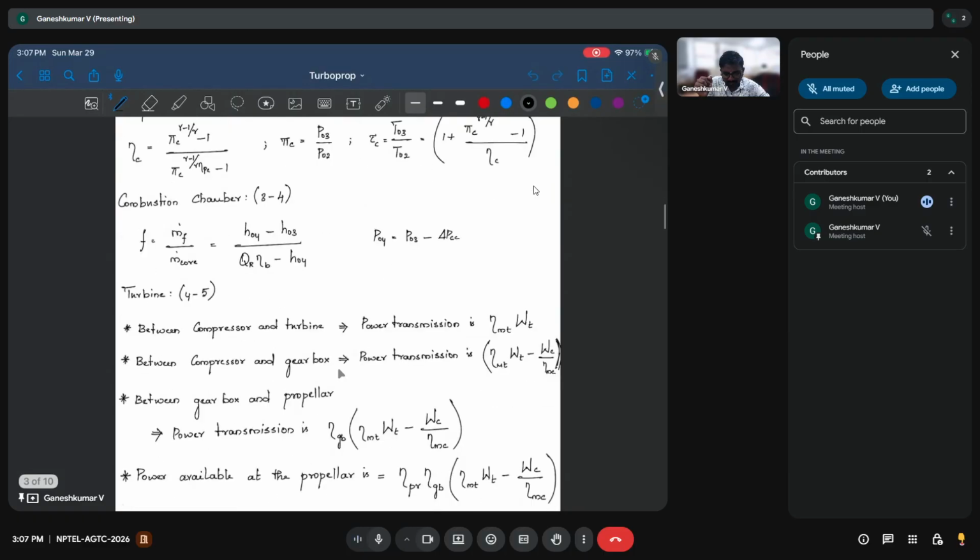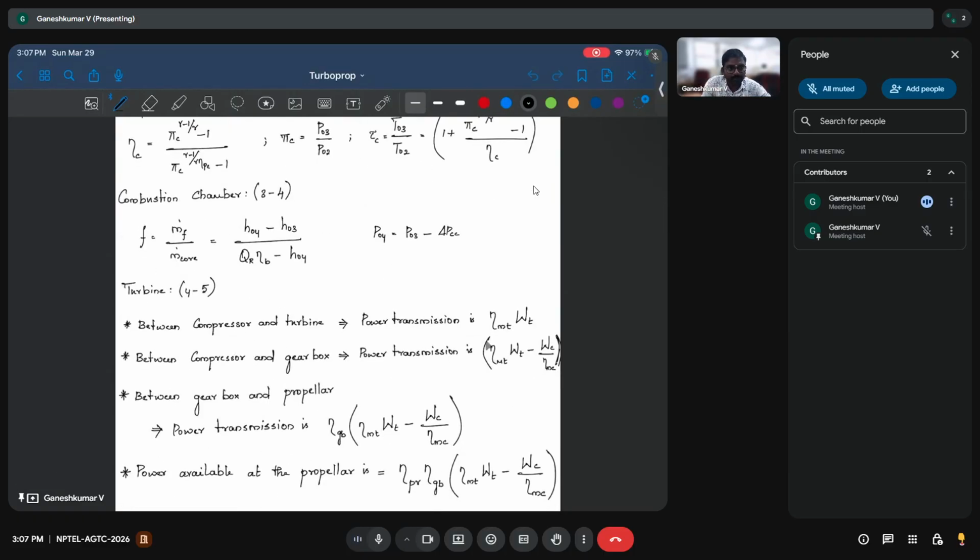How do you calculate it? First, between the compressor and turbine, you have a power transmission, which is work done by turbine times the efficiency of the transmission.